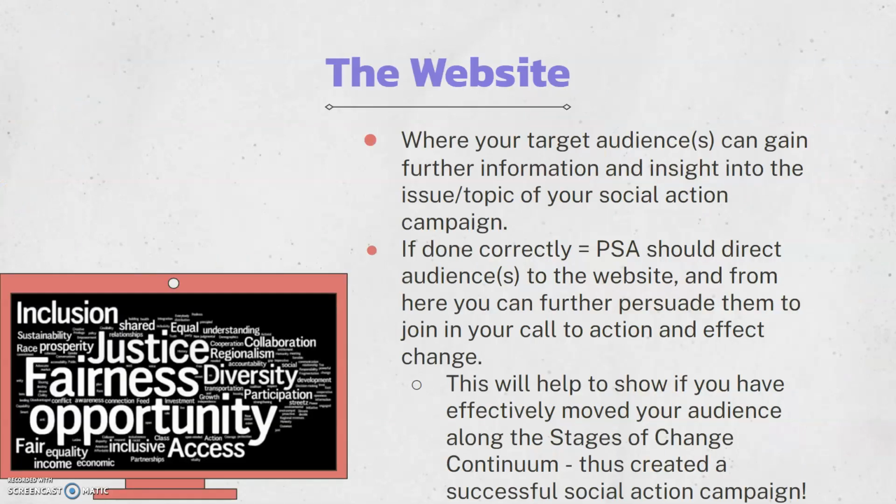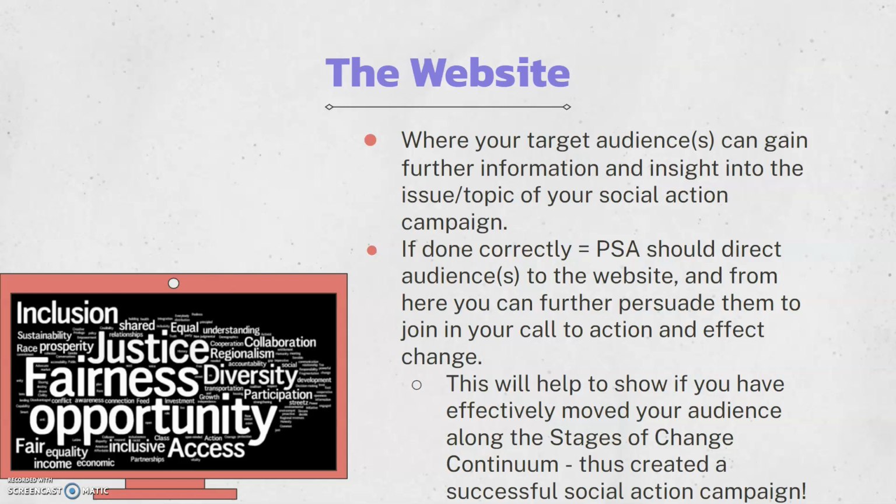The final component of your PSA is the website. This is where your targeted audiences can gain further information and insight into the issue or topic of your social action campaign. If done correctly, this means that your PSA should direct audiences to the website.